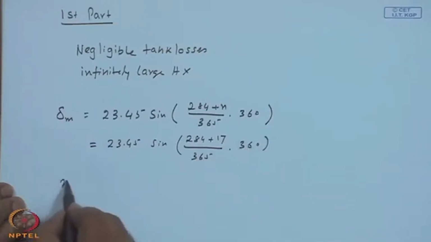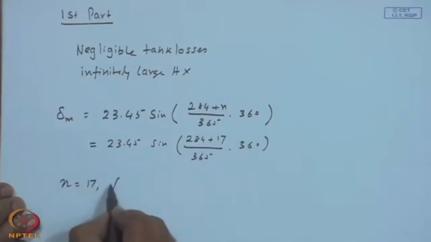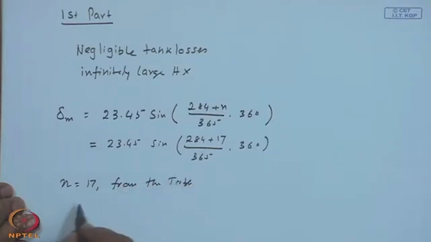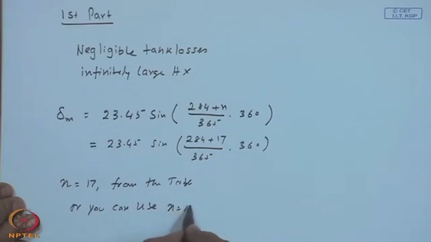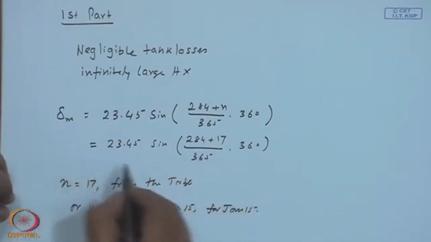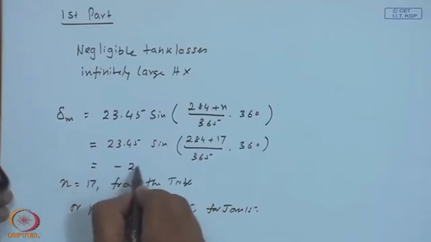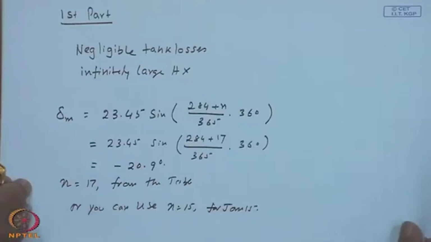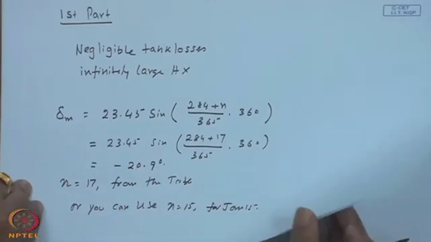Of course, n is equal to 17 from the table, or you can use n equal to 15 for January 15, without much difference. That should be minus 20.9 degrees.